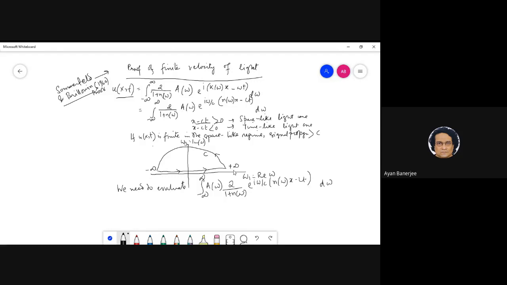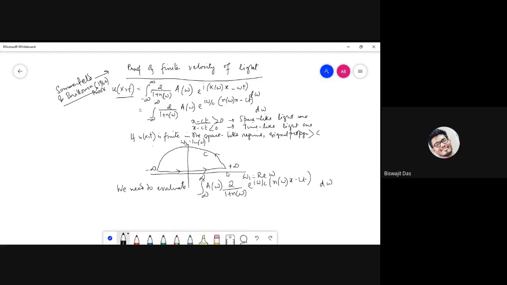So what was your argument again? I was saying that if we consider the upper half of the region, that will make our u of x comma t non-zero in that x comma ct region, and if we take the lower half, it will make it negative. No, see, that is the whole point. We are looking at the omega plane, so the treatment is done over the omega plane.